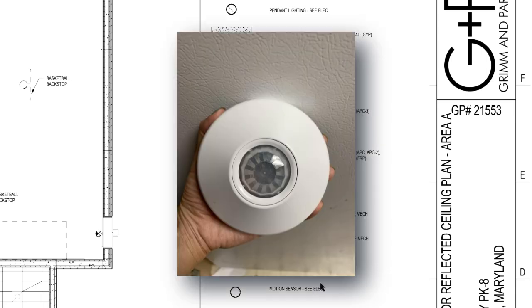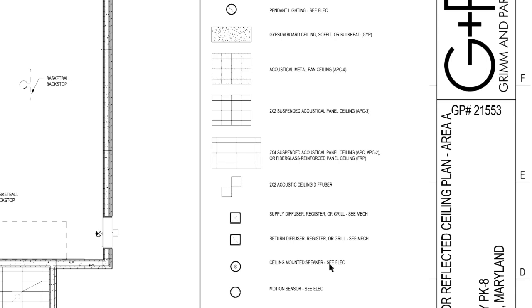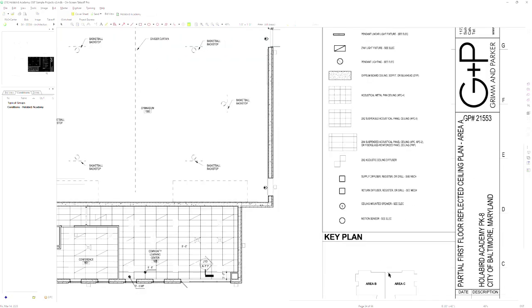The motion sensor and the speakers are more from the technology drawings, where they'll have the audio and the visual devices in there, but it's showing you that that's what those are. When you see the S, it's a ceiling mounted speaker, and this is a motion sensor that detects if there's motion, usually flicks on a light. That's why it says go to the electrical plans for that.